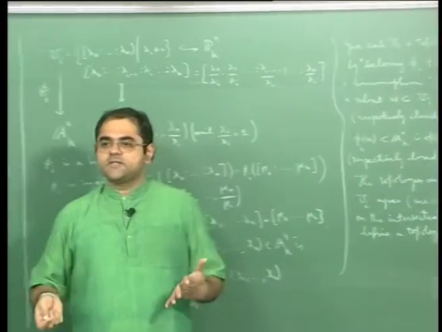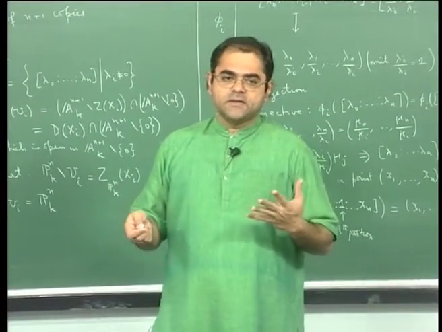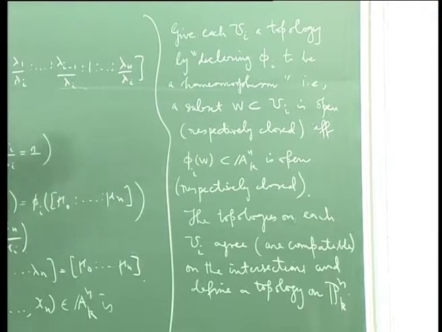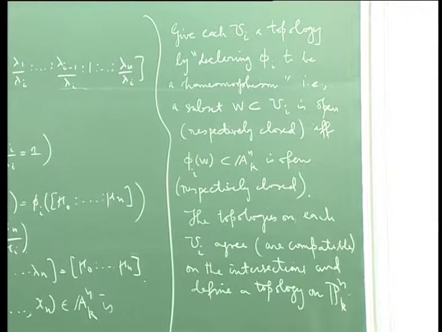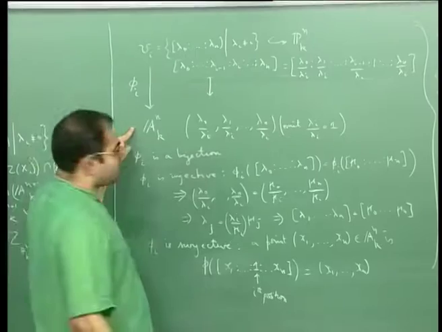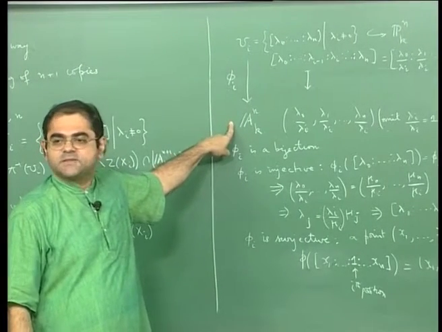And for that topology on Pn, when do you say a subset of projective space is open or closed? It is open or closed if and only if its intersection with each UI is correspondingly open or closed in that UI. And how do you check it? You check it by taking its image under phi and see whether the set you get in the corresponding affine space is open or closed.